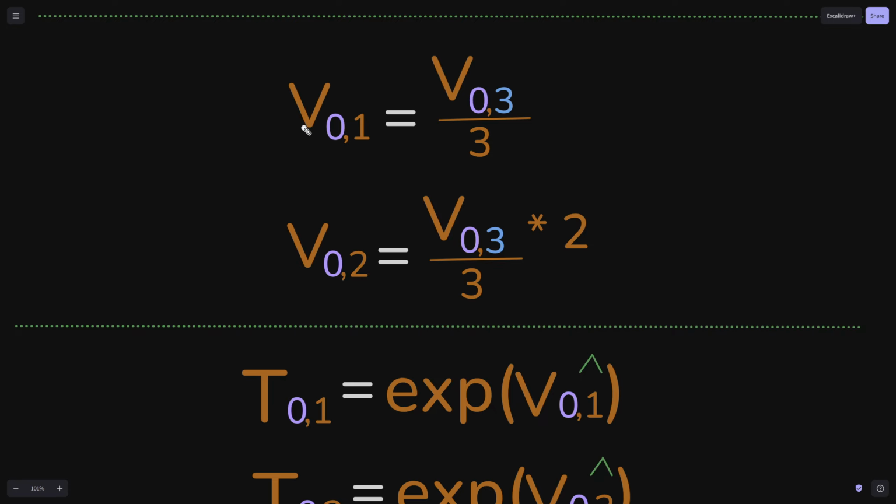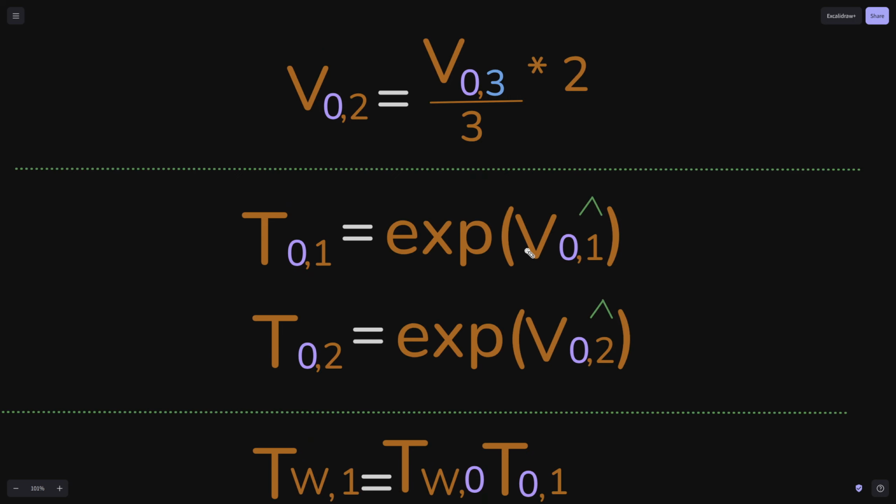So what do we do to get the transformations? As I said, there will be the inverse of the logarithm, which will be the exponential, okay? So the exponential, you place this v01 and then this sort of Mexican hat, which is the inverse of the v. And by doing that, you get the transformation. Okay, so we are reversing the process of the logarithm, but now we have v01 and v02. So now we have these transformations, okay?